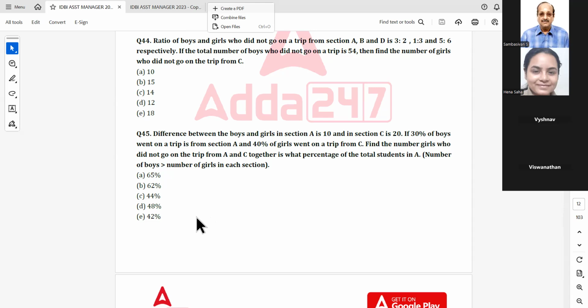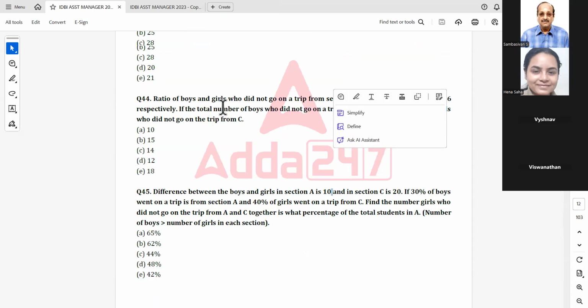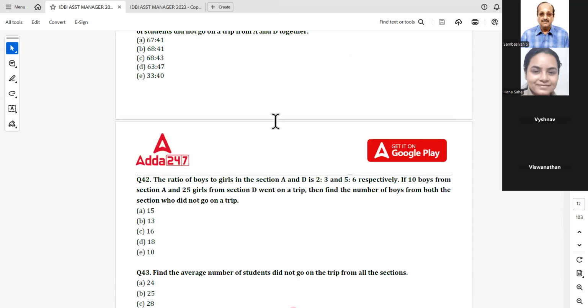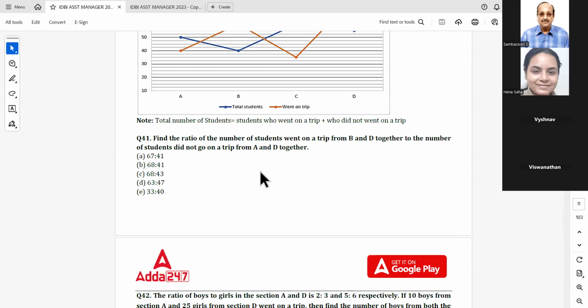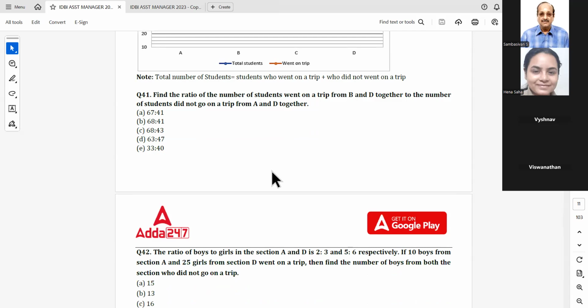Similarly, D also I put wrongly, boys as 25, girls as 30. How did I arrive at that figure? I think they gave some number of boys. The ratio of boys and girls in section A and D is 2:3.